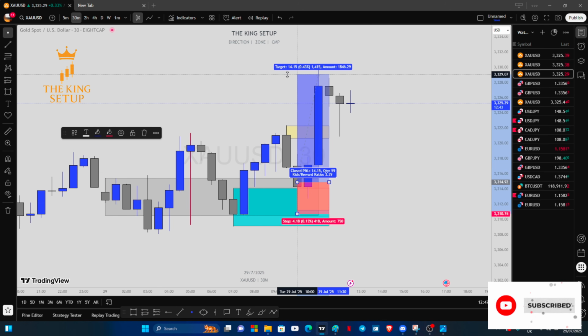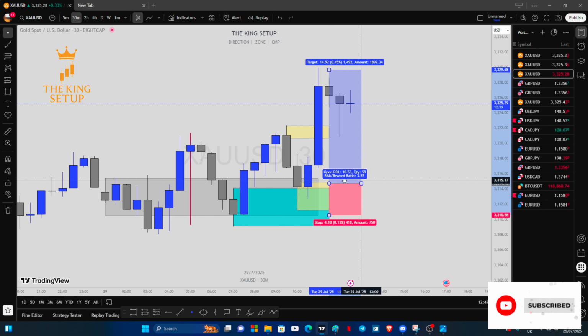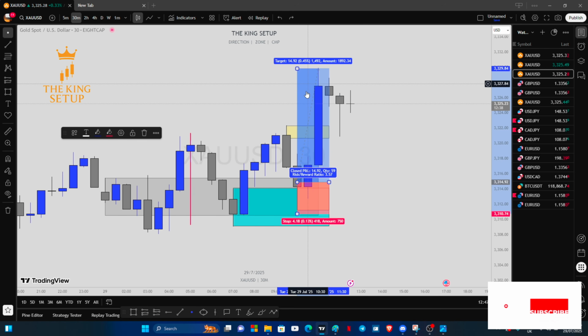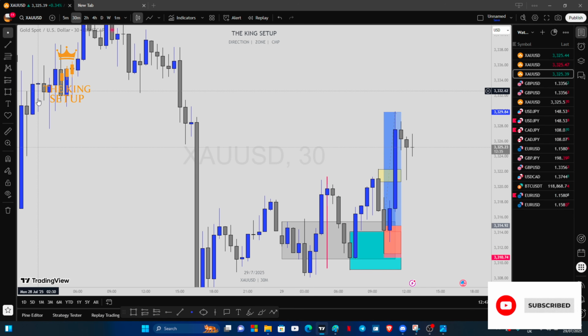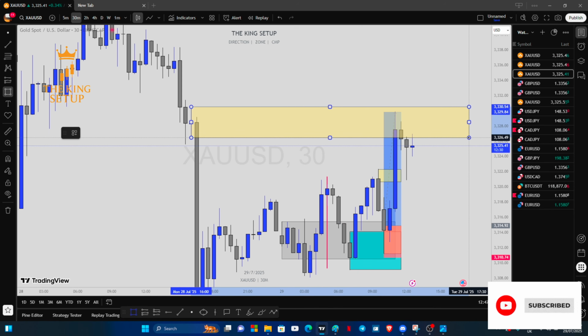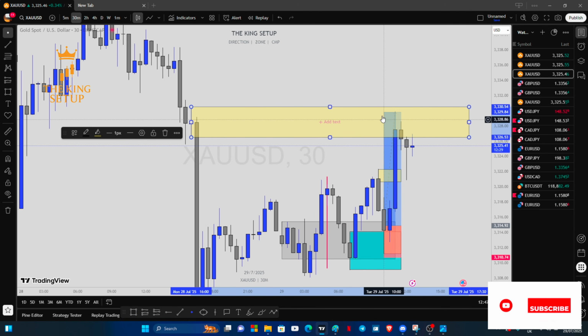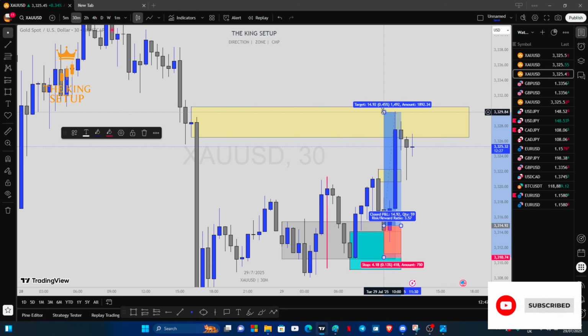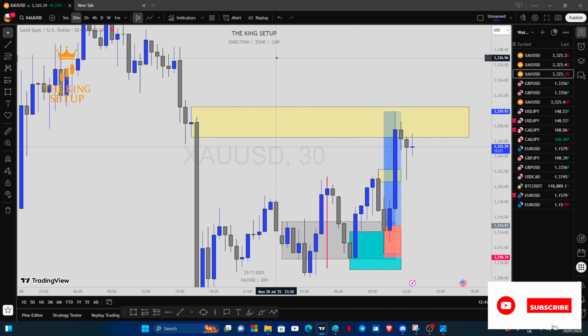Then the final take profit, maybe the next H4 zone, or you can still continue to hold to the next, yeah, around here. This was my final take profit. So I managed to take around 150 pips. That is what I had targeted, 150 pips.